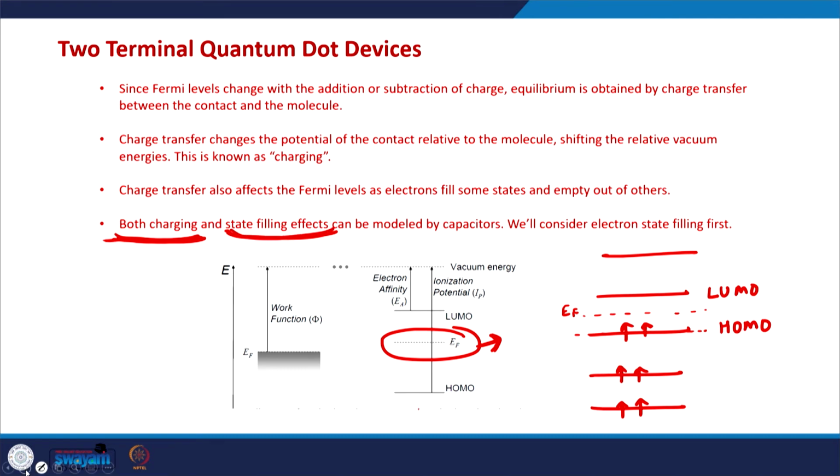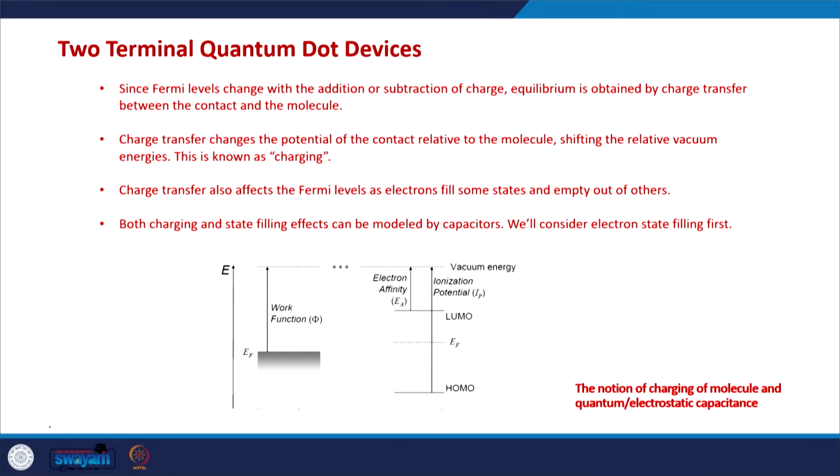So, let us first consider what is known as the state filling effect, which means how the Fermi level depends on the number of electrons in a system. Because whenever we put a metal in touch with a quantum dot, the number of electrons will change in both the systems.